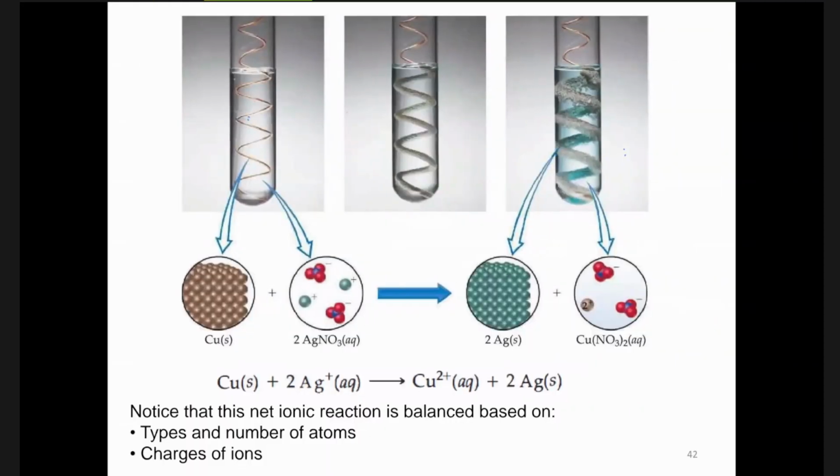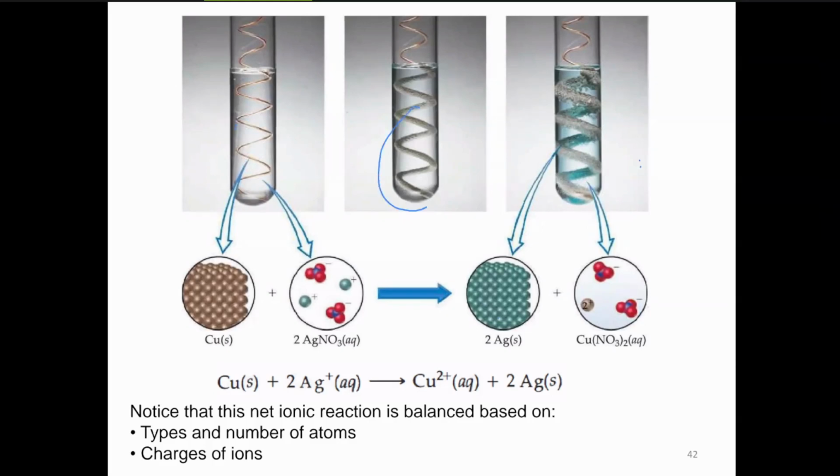So let's say the copper can reduce silver to make copper 2 plus and silver particles. Let's say here you have a copper wire, you immerse it in a solution of silver nitrate. You will see on the surface that silver particles start to grow on the surface of the copper.